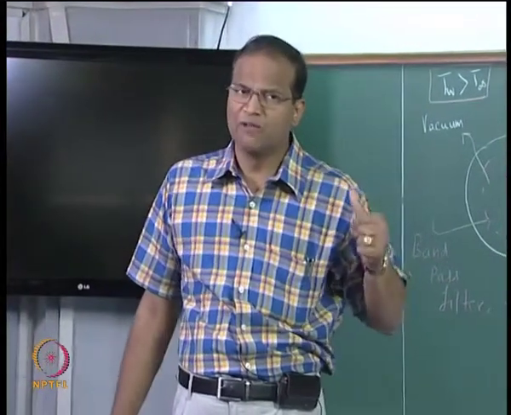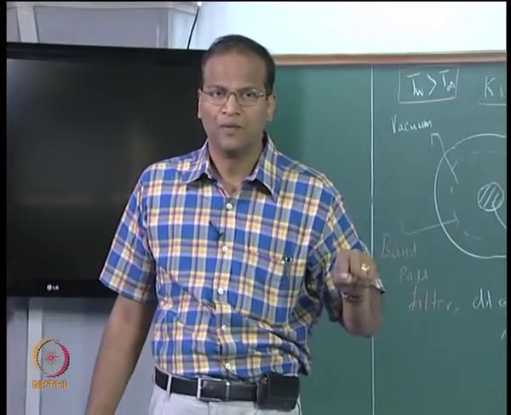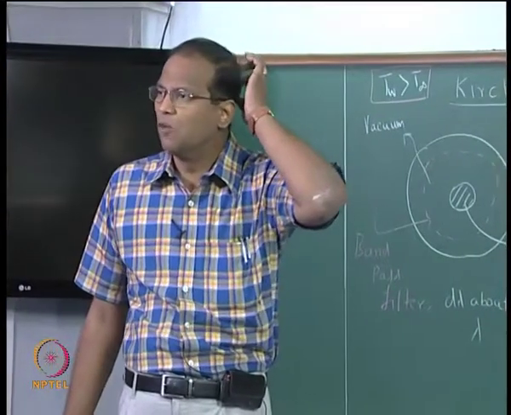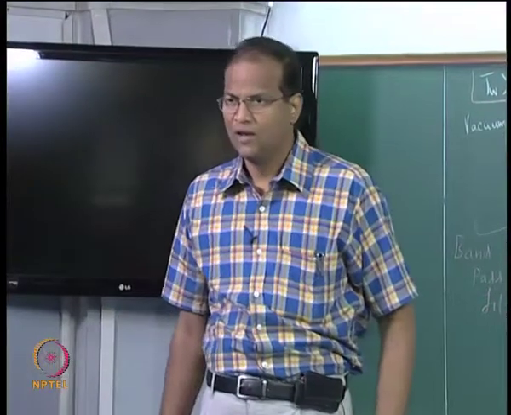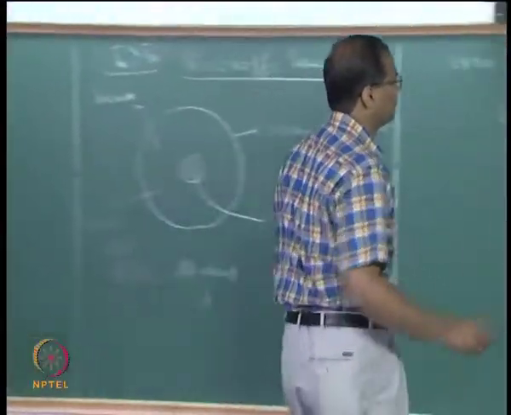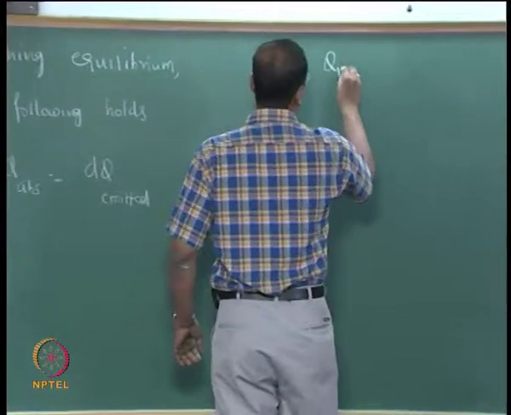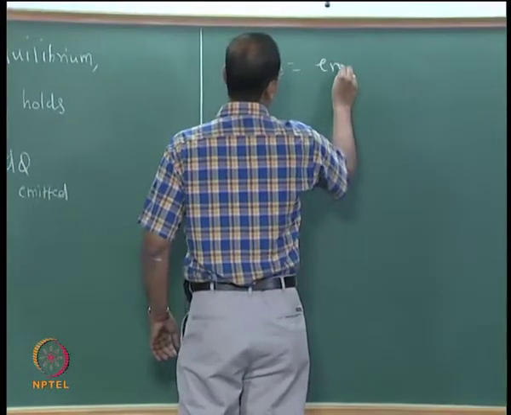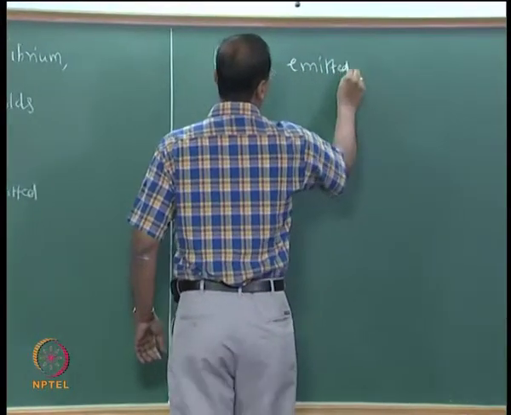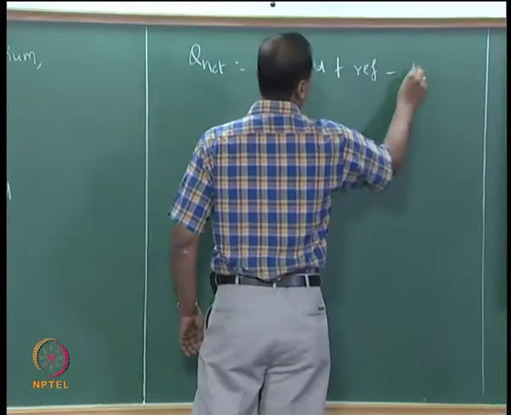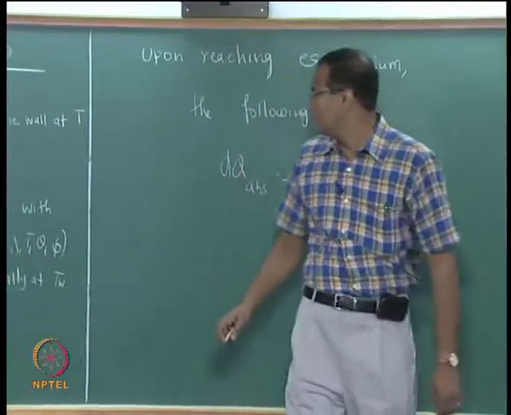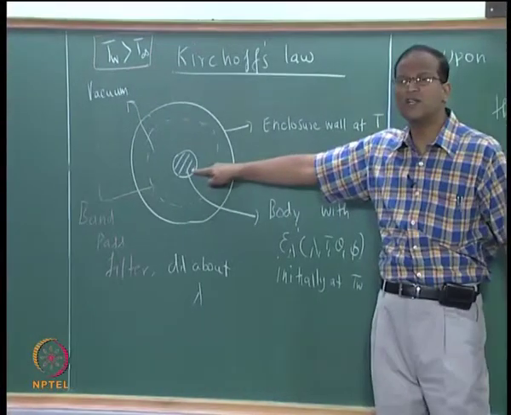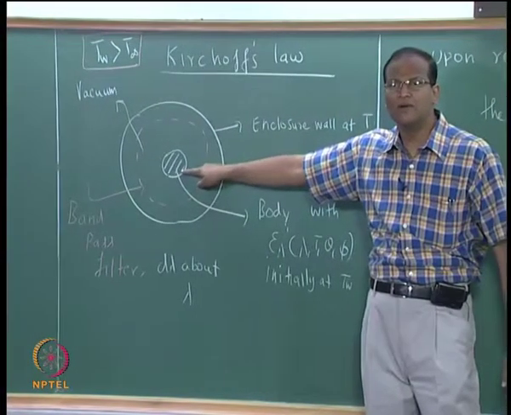This is exactly the same as what we discussed in yesterday's class. Q net is equal to what is going minus what is coming. So what is Q net? For this body, what is Q net upon reaching equilibrium?